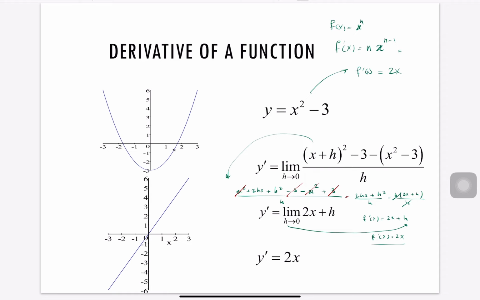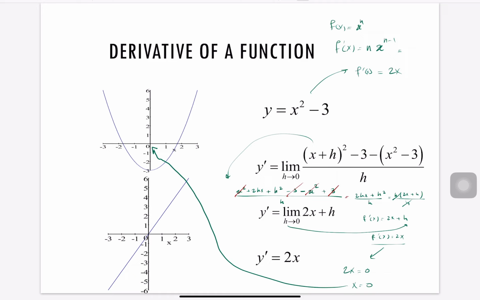And this point of 2x shows our maximum or minimum. If 2x equals 0, x equals 0, exactly the point of our maximum or minimum x.